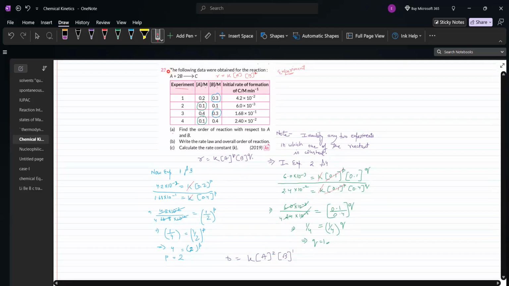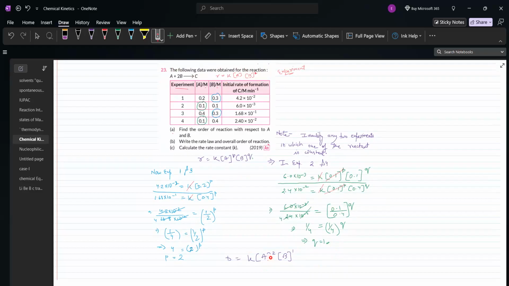However, in the equation, A has coefficient of 1 and B has coefficient of 2. So if we write the rate of reaction that way, it will be completely wrong, and this is completely right. So experiment will always be right. In this physical world also, the value you get experimentally will always be more right than the theoretical one.